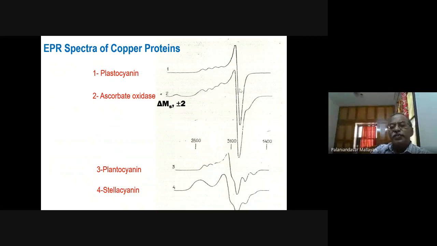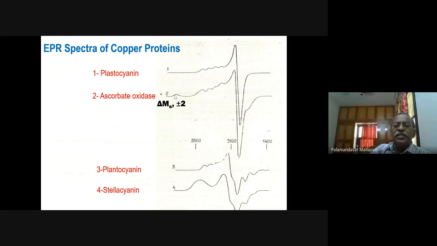In addition to this, you have another important signal here, right? So these signals, the g parallel in between these two and the g perpendicular here, are characteristic of square planar, axial copper. In addition, you also have another weak signal here.